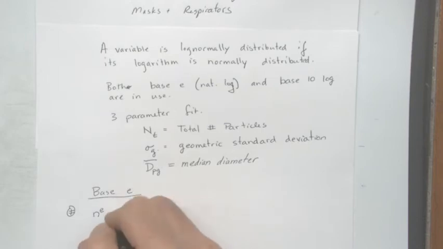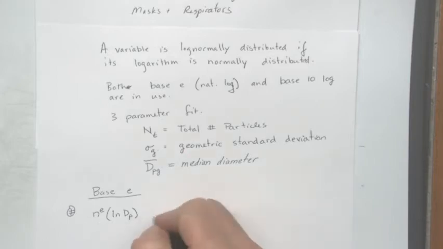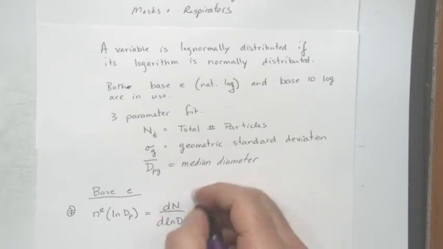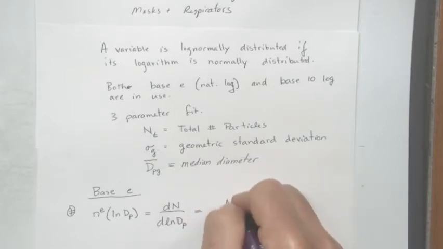So the LNDP. So that's normalized to the natural log distribution function. Its definition is dN d ln dp. And then here's the functional representation.